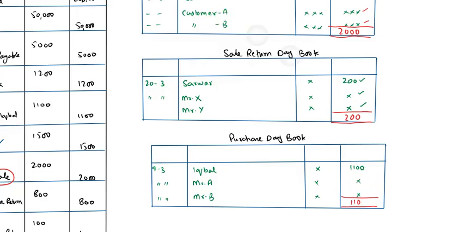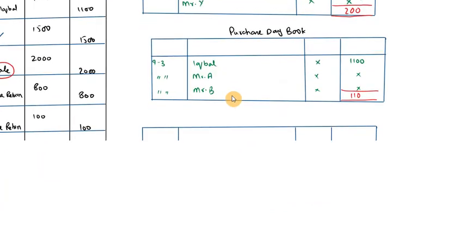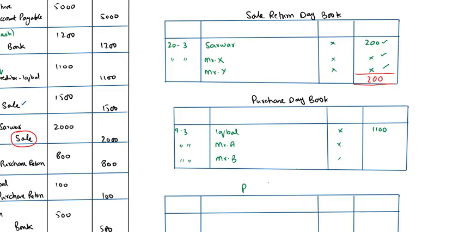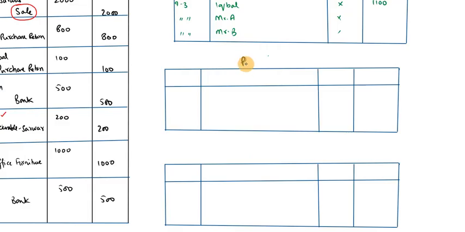Next, move to the next book of prime entry, that is the purchase return day book. The next will be the purchase return day book.